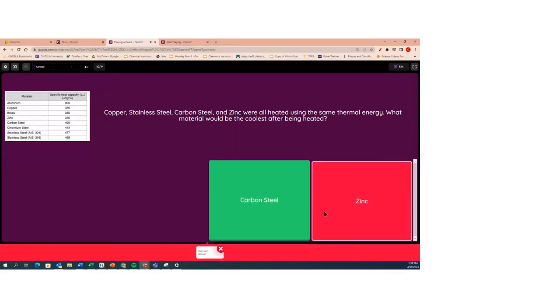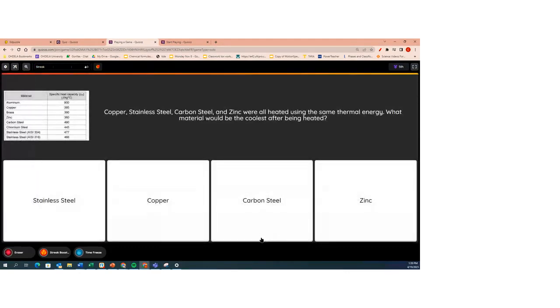Oh no, what did I miss? Carbon steel. Okay, I messed up. Guys, I'll have to look at that one again. Either that or they got it wrong. All right, copper, stainless steel, carbon steel, zinc are all heated at the same thermal energy. What material would be the coolest after being heated? Let's see if I'm good at this one.